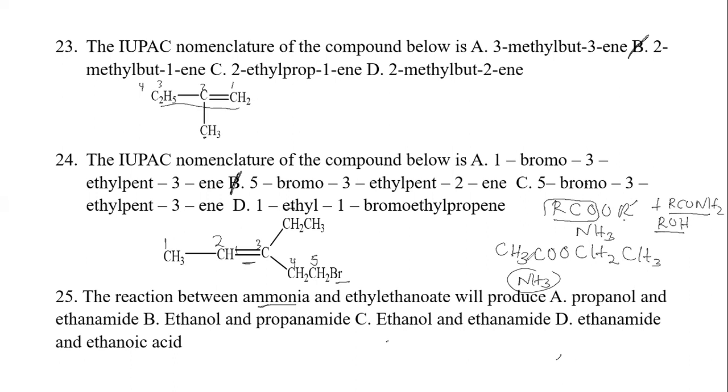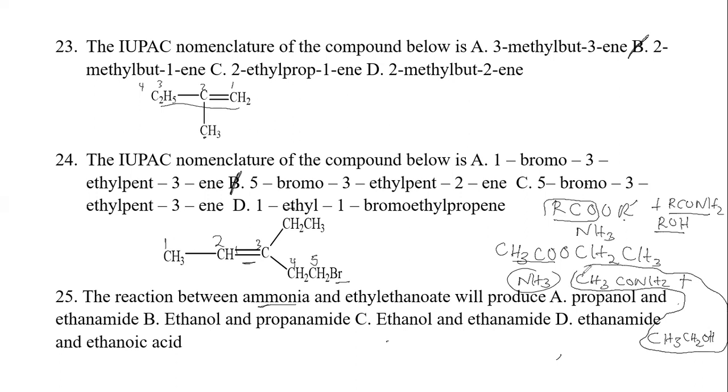So this one will turn to CH3CONH2 plus CH3CH2OH. So that's going to be the product, these 2.